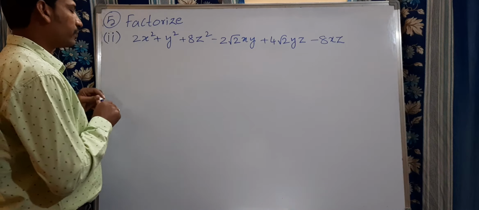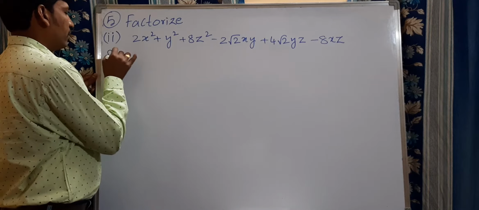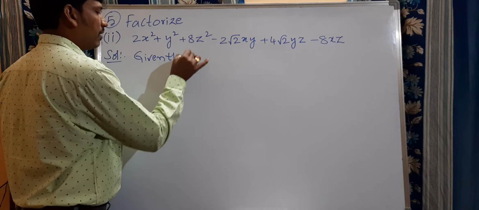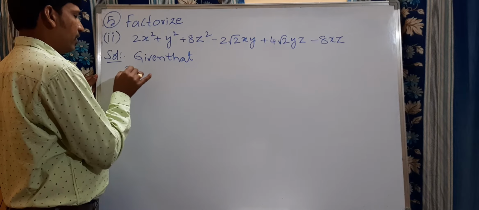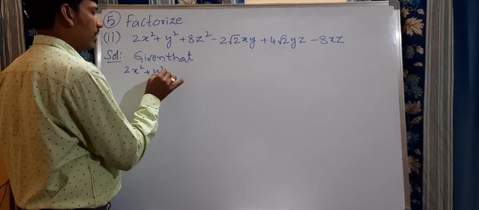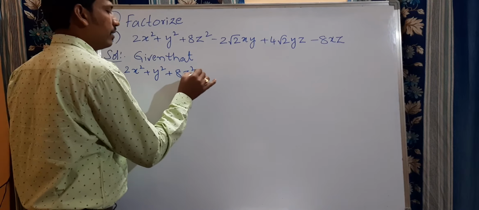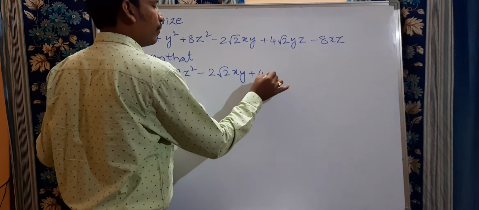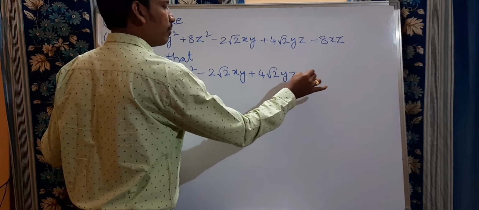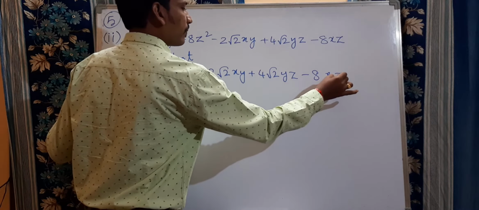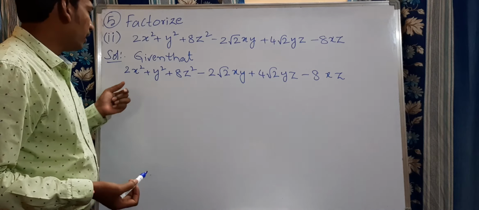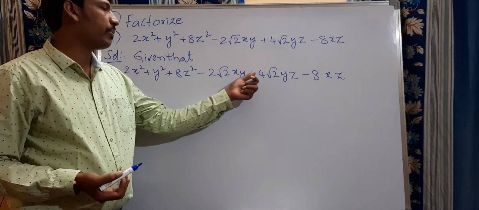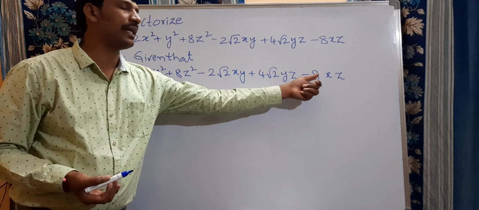Now see this here. Solution. Given that 2x square plus y square plus 8z square minus 2 root 2 xy plus 4 root 2 yz minus 8xz.